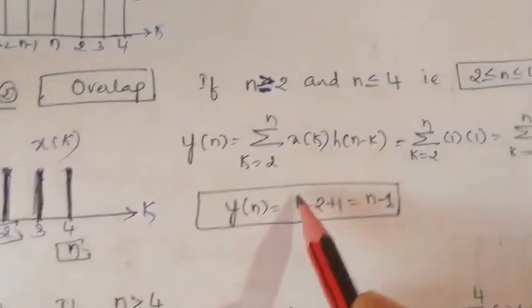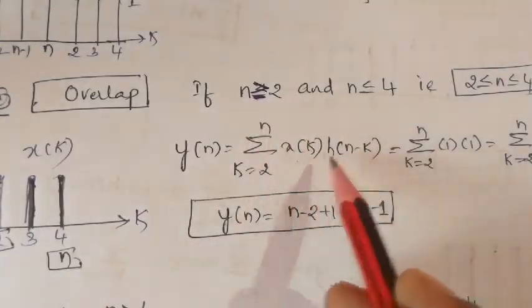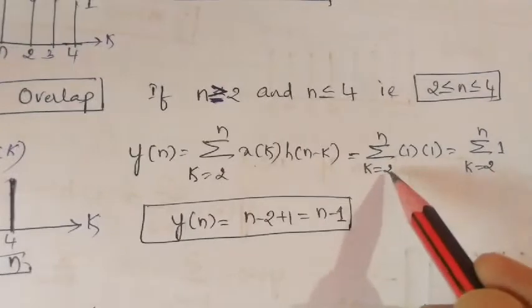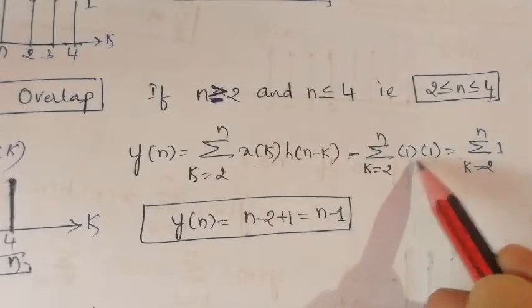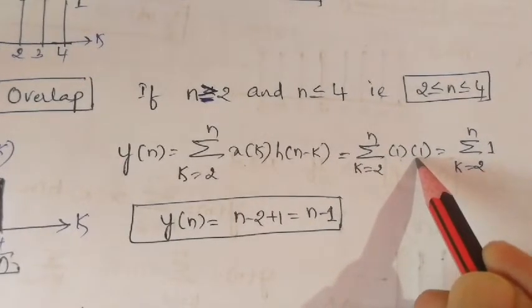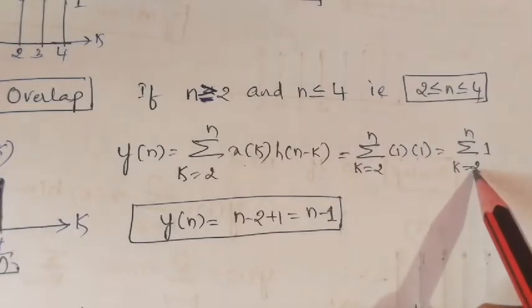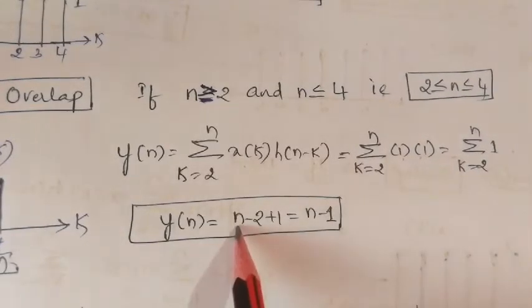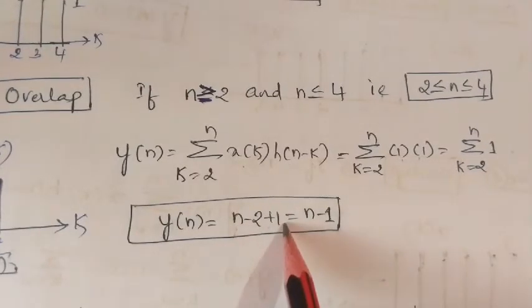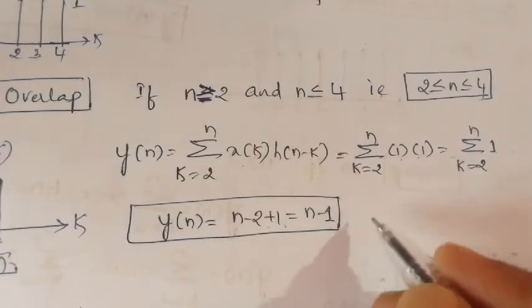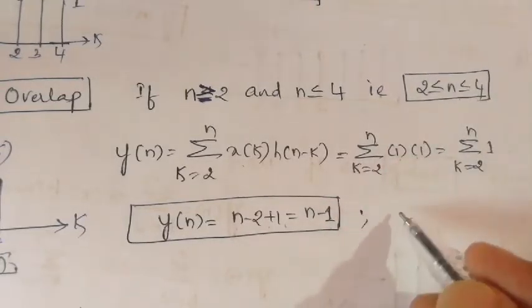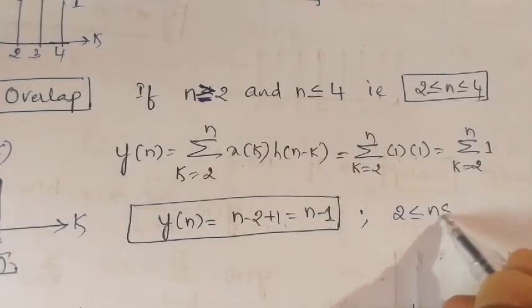So the limits become 2 to n for x of k, h of n minus k. Both are having amplitude 1. As we discussed in the previous video, upper limit minus lower limit plus 1. Hence the answer is n minus 1. N minus 1 is for the case when the value of n lies between 2 and 4.